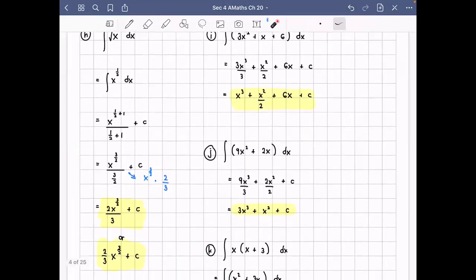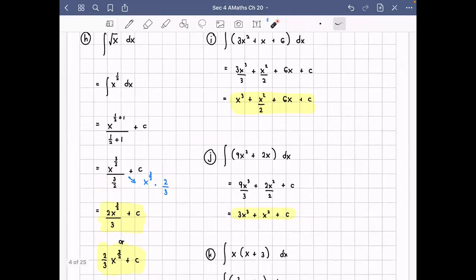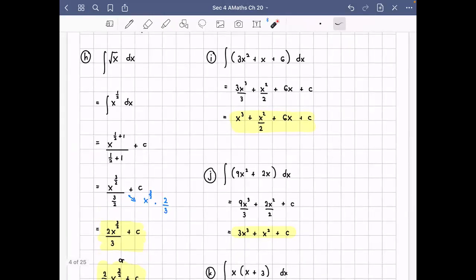Don't forget this, because you will get a lot of questions like this, x over a fraction. If it's over a fraction, you multiply and get the reciprocal of your denominator. So let's proceed to letter I.